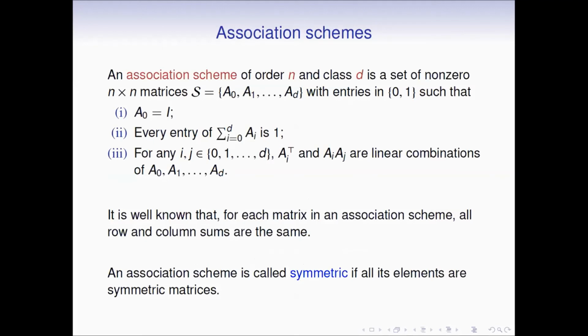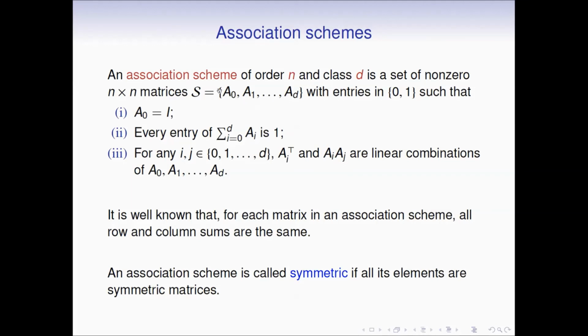In the final part, let me give an application of these results in association schemes. Let me define association scheme. Probably most of you know about that, so I go fast through the definition. An association scheme of order n and class D is just a set of D plus 1 matrices.